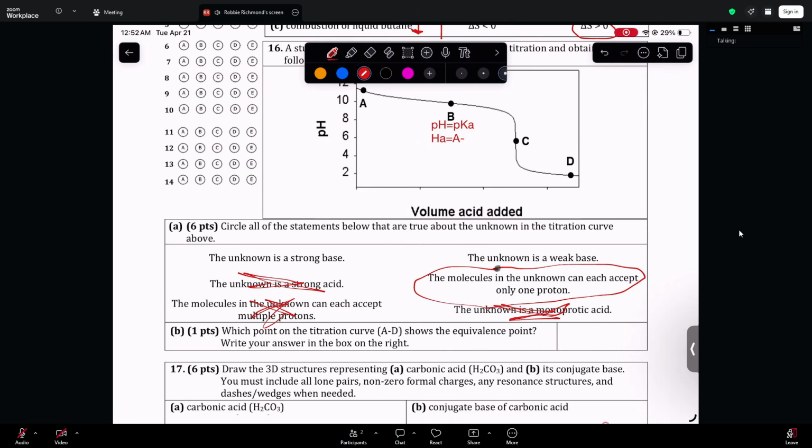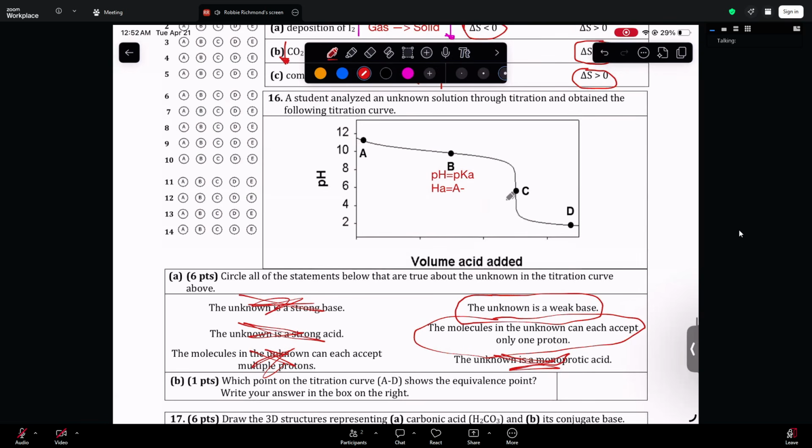And then just looking at the curve, we already said this, that the unknown is a weak base, not a strong base. So this question just really demonstrates how important it is to memorize what the titration curves for specific unknowns look like.